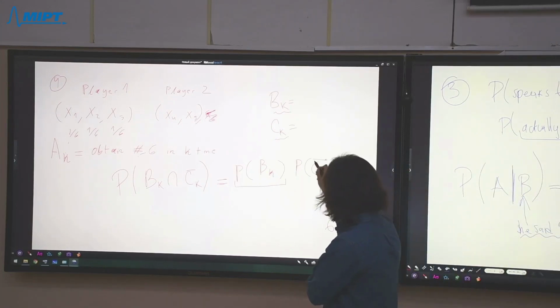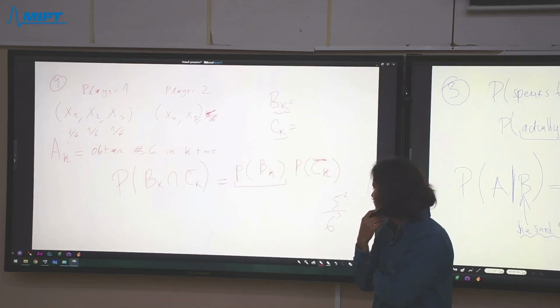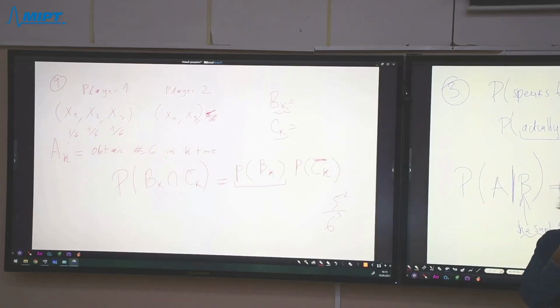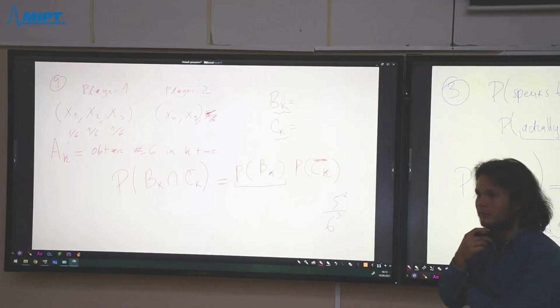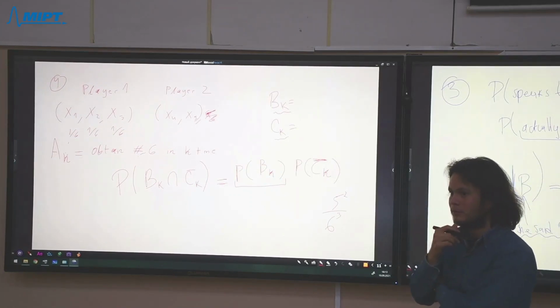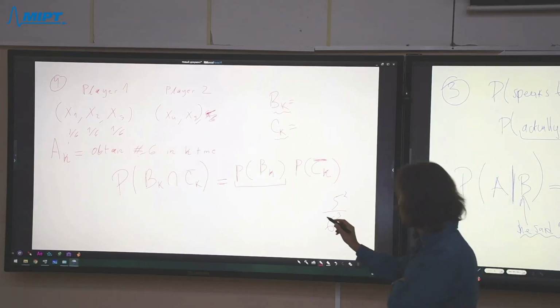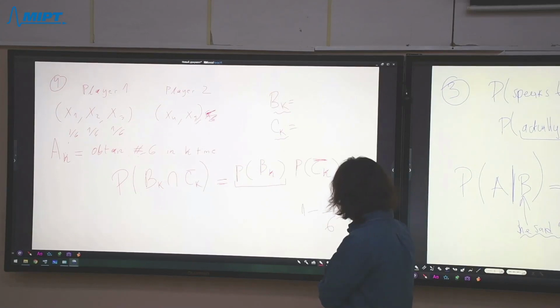We don't get 6 in all of them. The probability of that is 5 over 6 cubed. The probability we have at least one 6 is 1 minus the probability of not getting any 6.